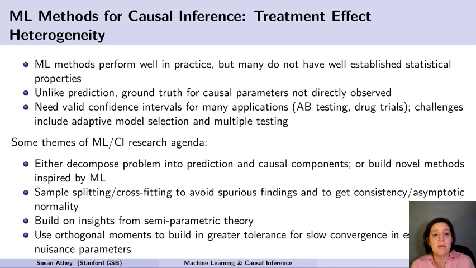Some themes that have emerged in terms of how to do this include, first, we might decompose the problem into a prediction component and a causal component, and then outsource the part that's a prediction problem to machine learning methods. That has some advantages because if you do this decomposition, you can plug in any machine learning method you want.